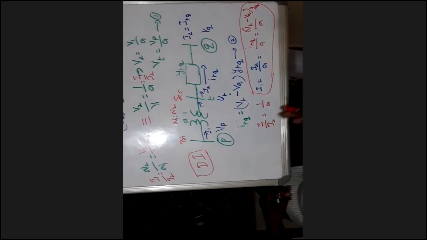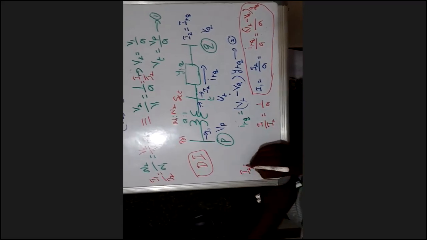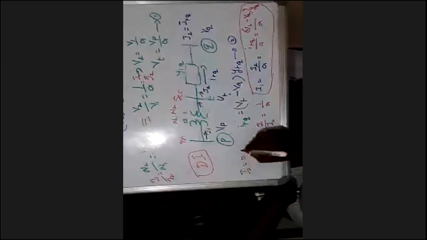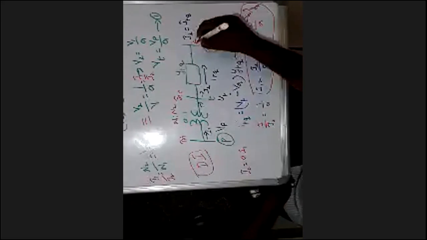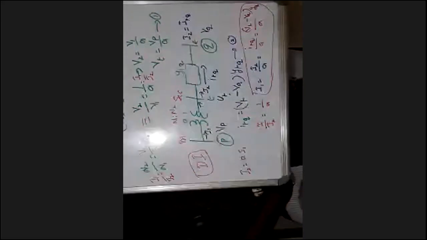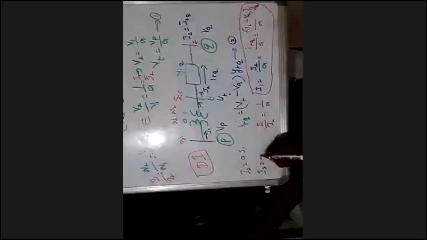So what will be the I2 here? A into I1. Can I write A into I1, the opposite current, which is nothing but here, the current which is coming here, I2. A into I1, which is nothing but I2 into minus A into ITQ.